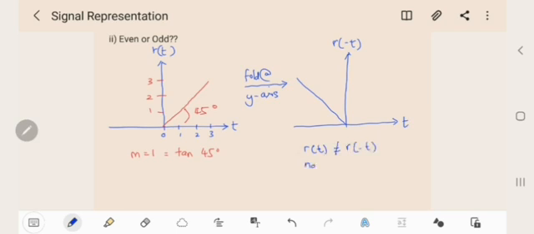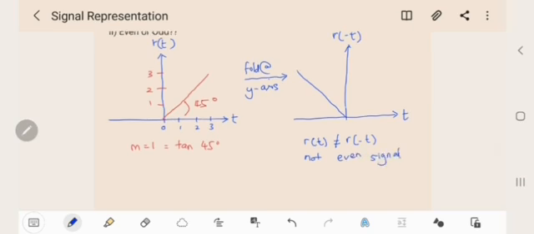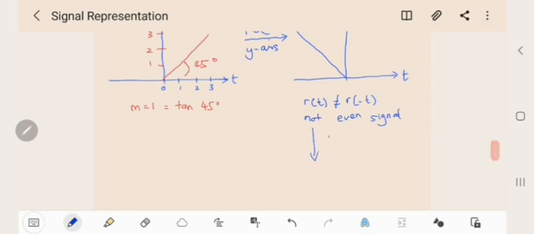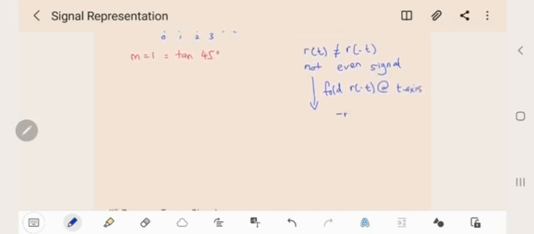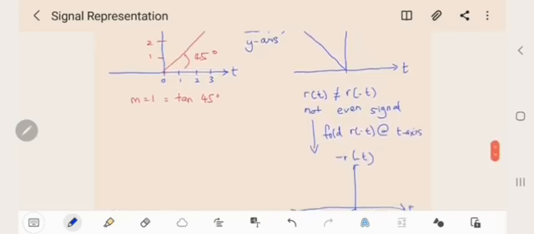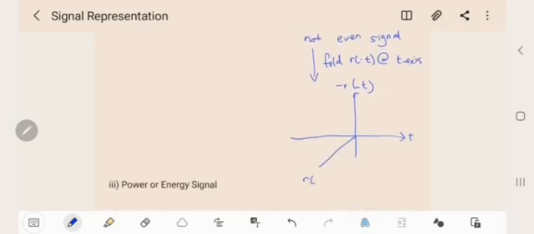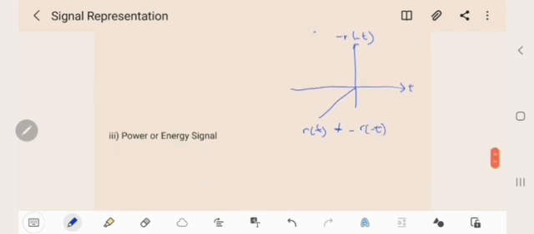This is not the same as our signal, so -r(t) is not equal to -r(-t). So it is not an odd signal.